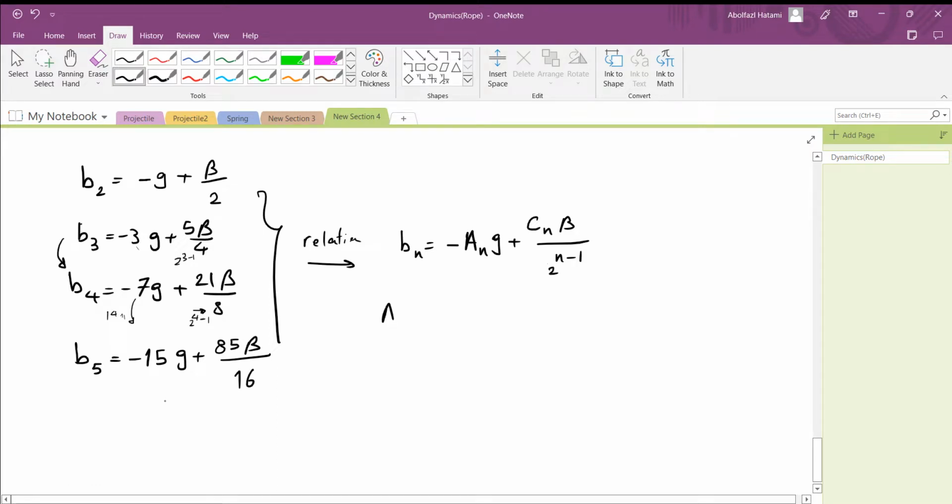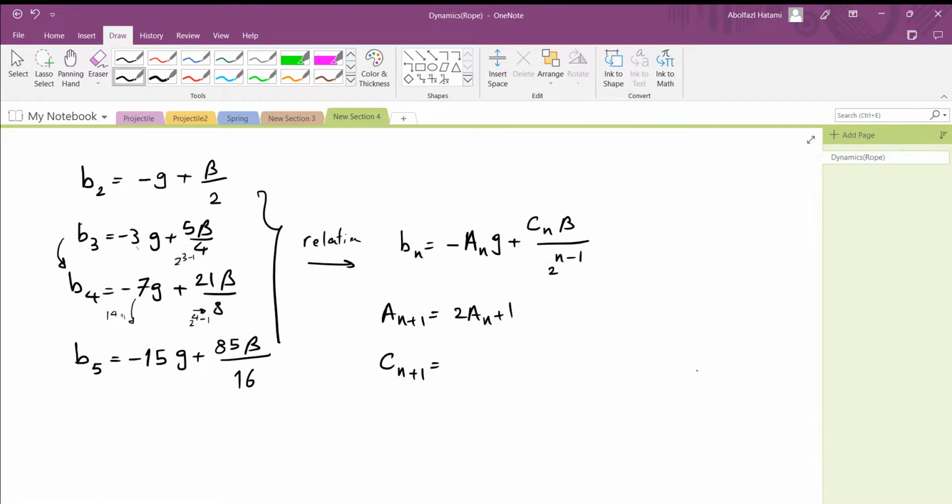So a(n+1) is 2an plus 1. And what is c(n+1)? c(n+1) is 4 times cn plus 1. For example, from b3 to b4, you obtain it by multiplying c3, which is 5, by 4, giving 20, and then 20 plus 1 is 21. So it is 4 times cn plus 1.